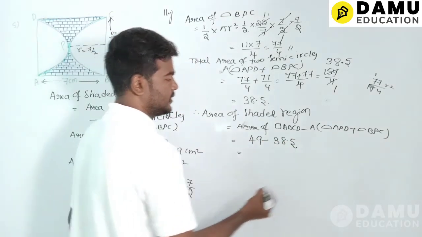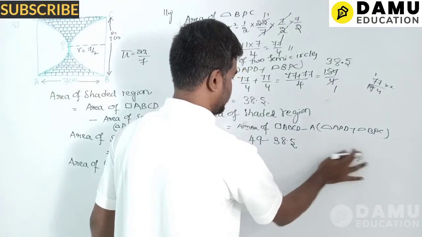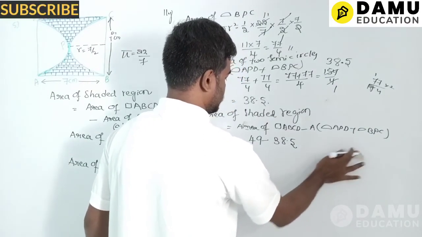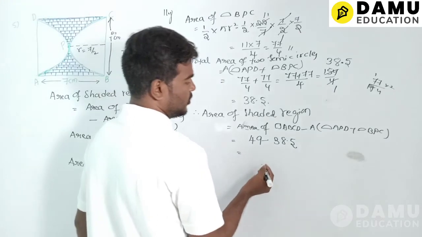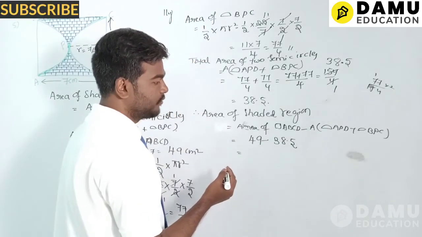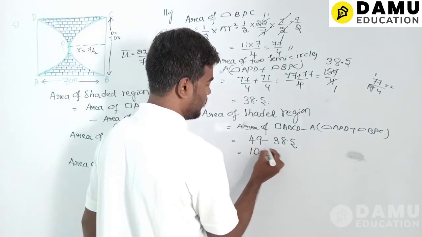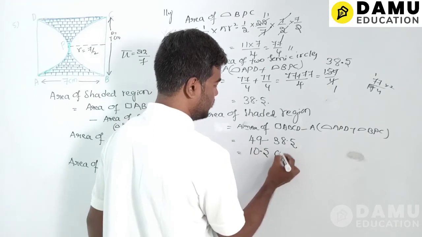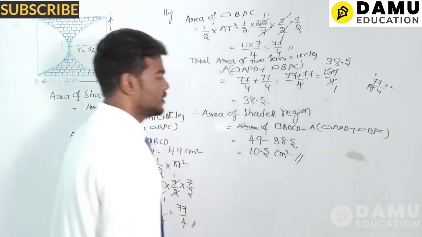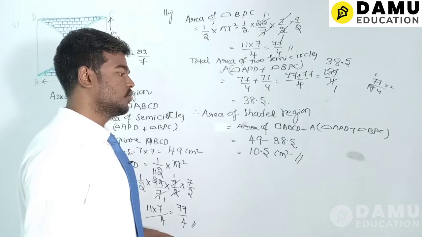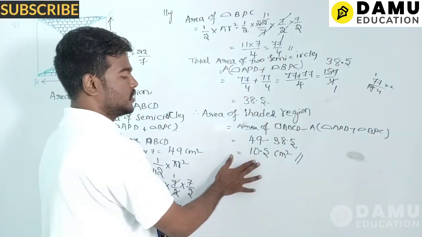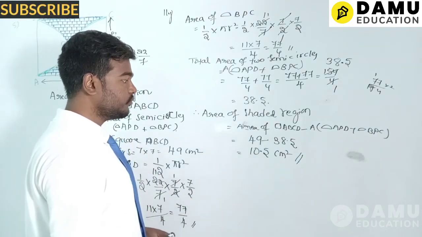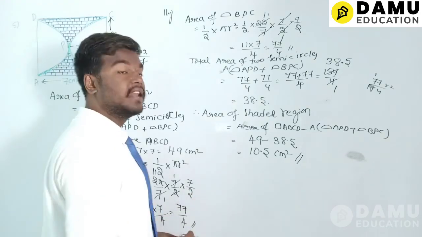So 49 minus 38.5. What answer will we get? 9 plus 1.5, that is 10.5 centimeter square. So that is the value. What we are getting here is 10.5. This is the way to find the calculations.